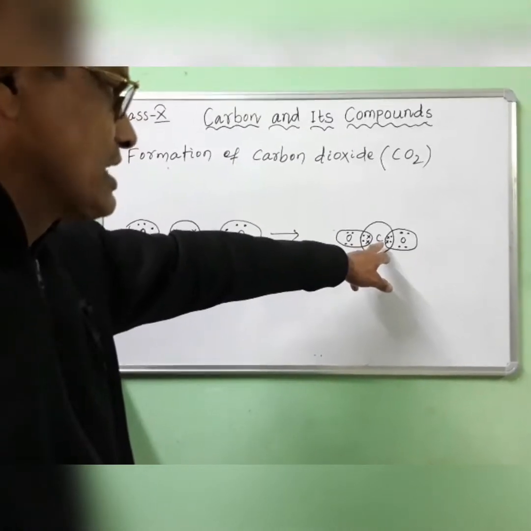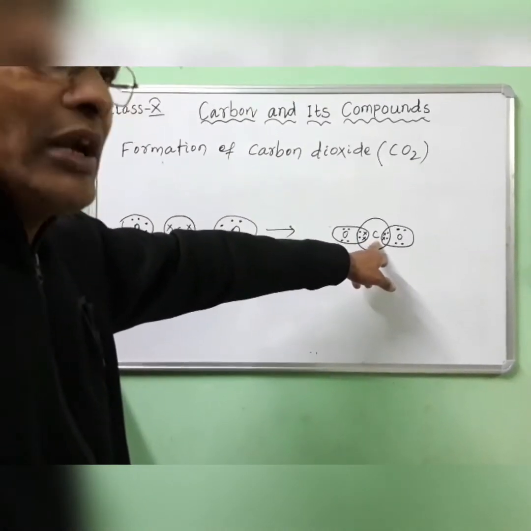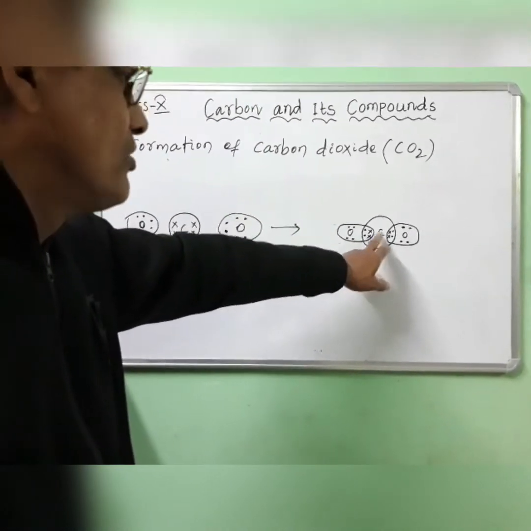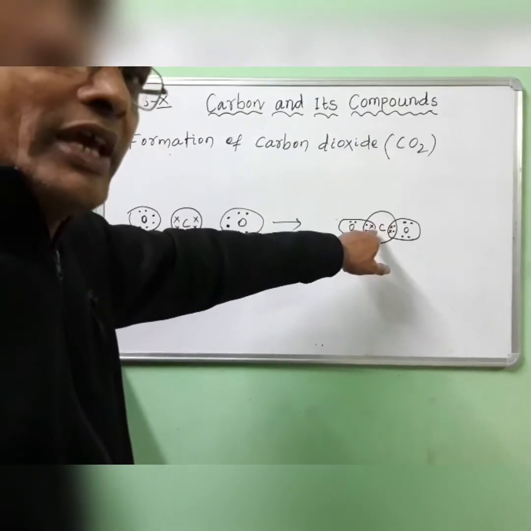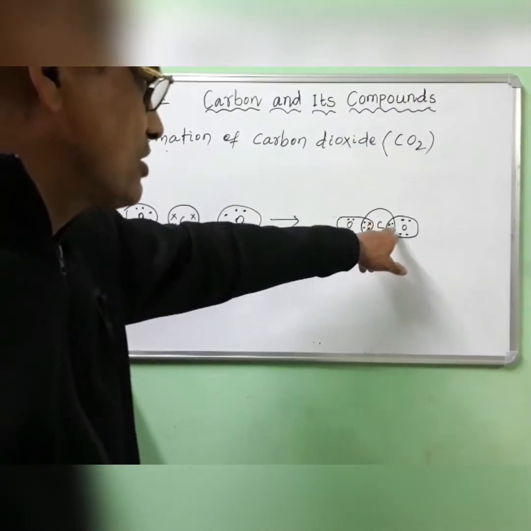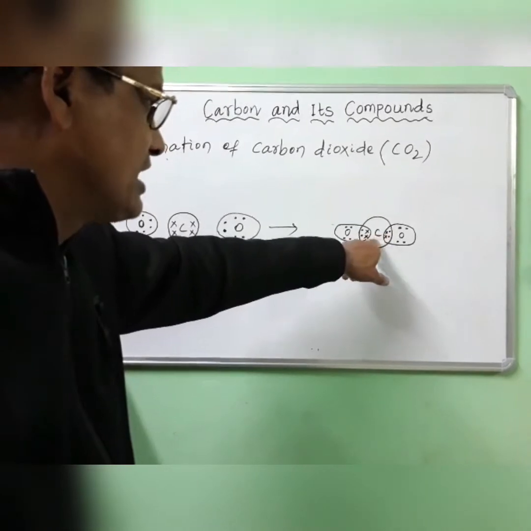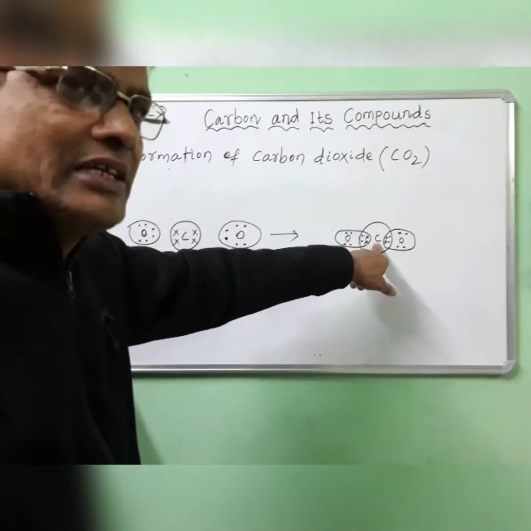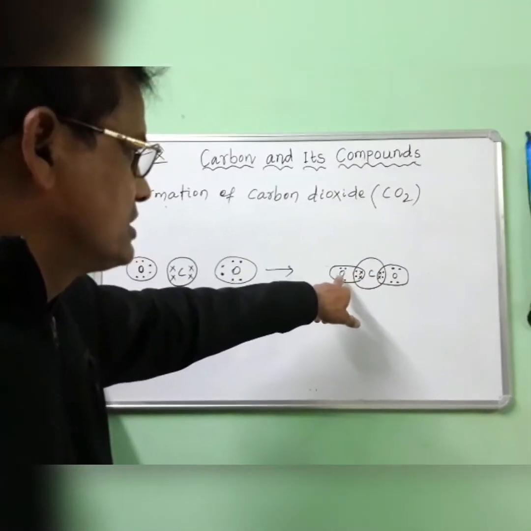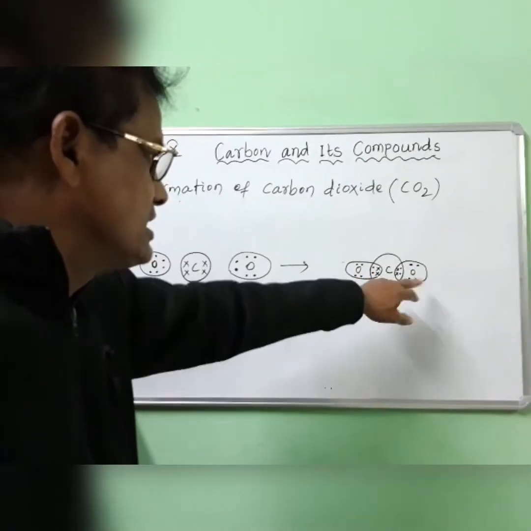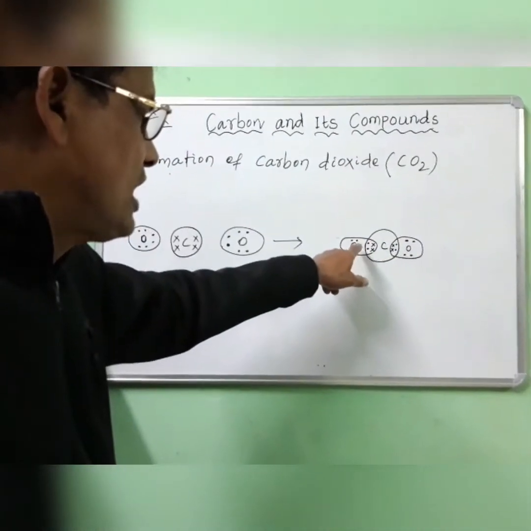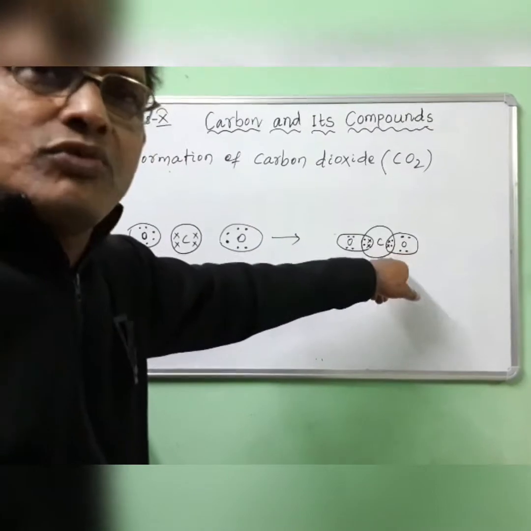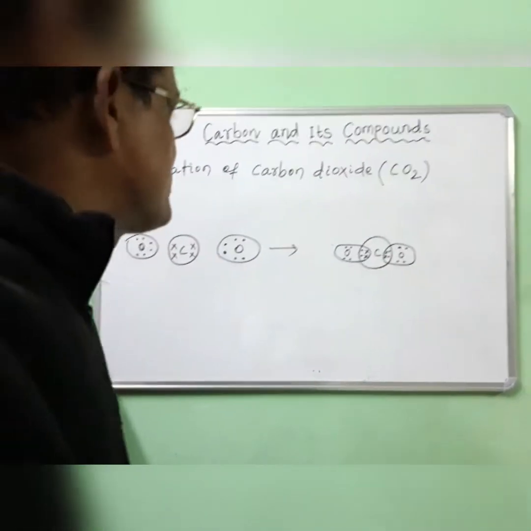So here the carbon atom contains 4 valence electrons. These crosses are the 4 valence electrons contained by carbon. Here each oxygen atom contains how much? 6 valence electrons.